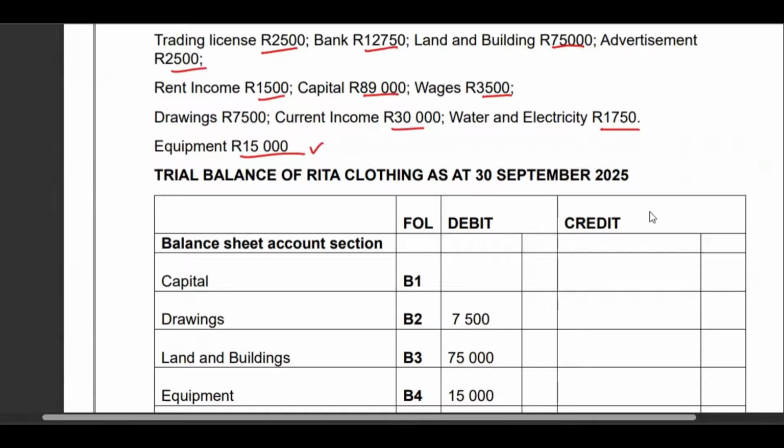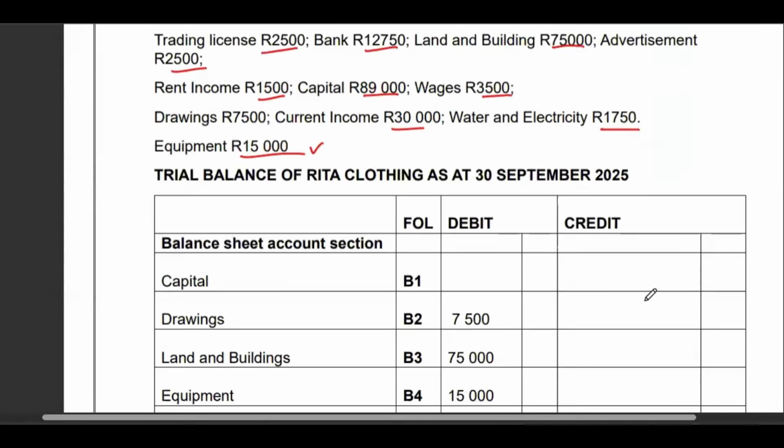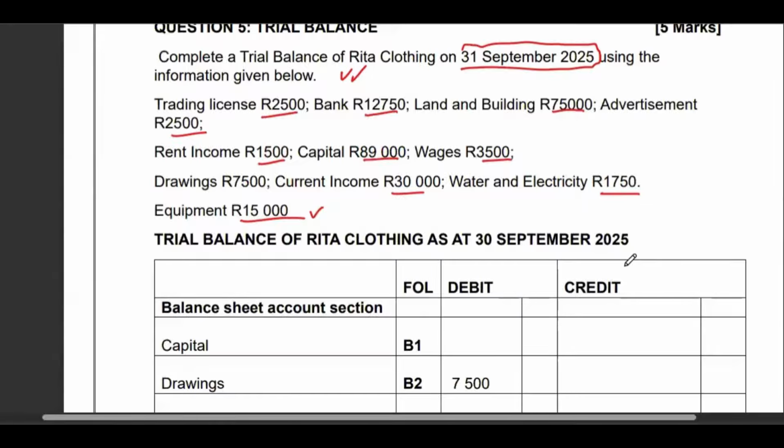So some of them have been indicated. Okay, so some are credits, some are debits. So now we need to decide. So number 1, the capital that's going to fall under folio B1 is going to be a credit, because capital is always a positive balance. And we say that the capital amount is 89,000.